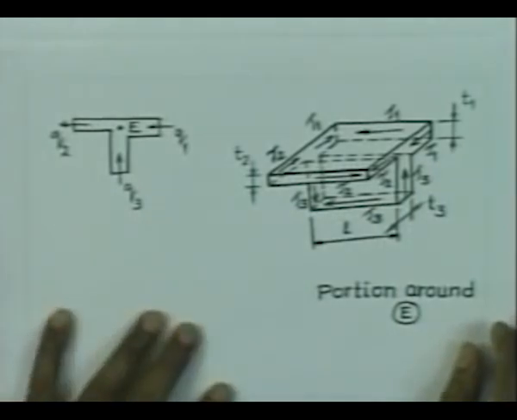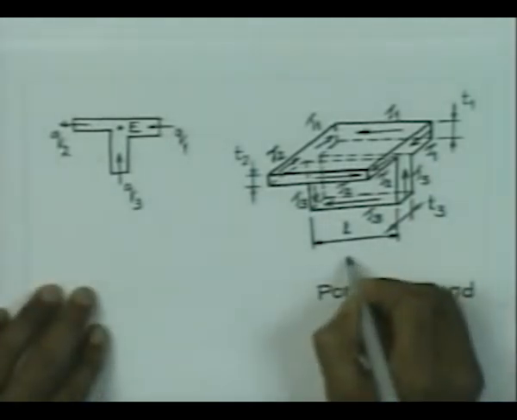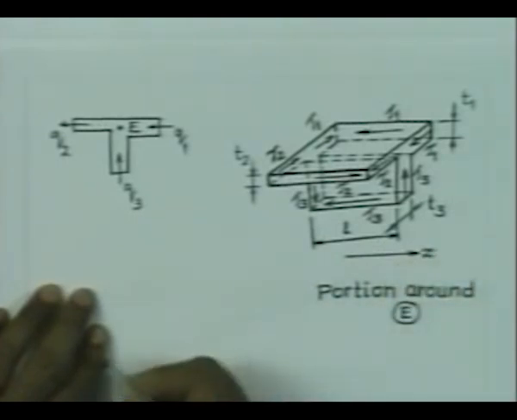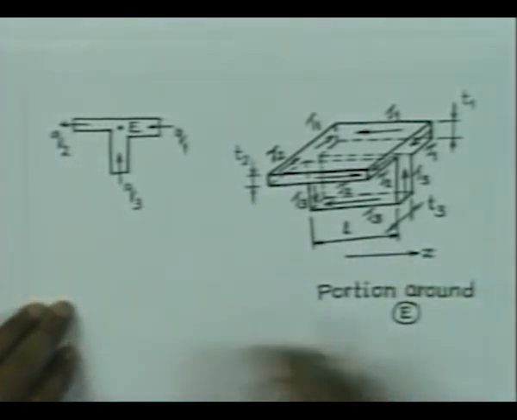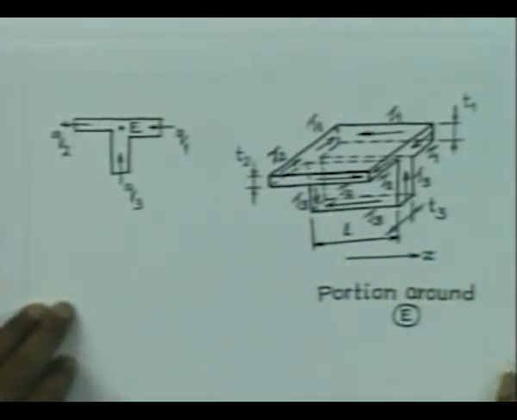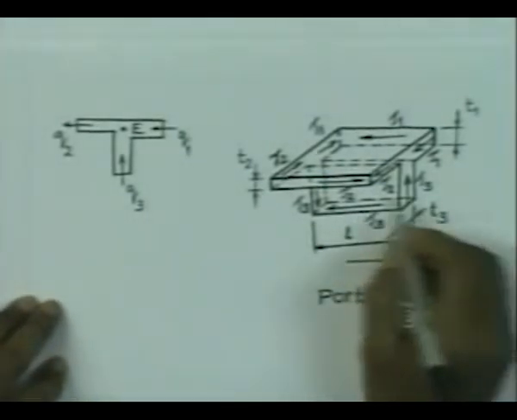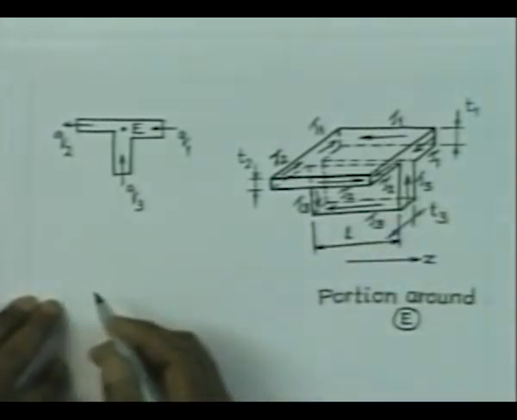If you consider the z axis to be oriented along the length of the shaft with box section, then the sum of the forces in the z direction must add up to 0.